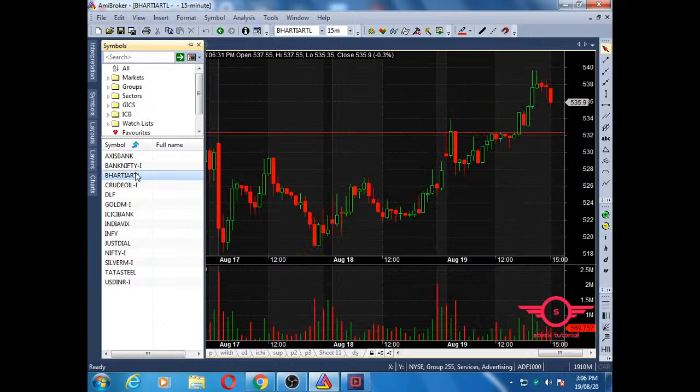Here also this candle started when it traded below the previous candle. You can check it out. Today is a news day for Bharti.